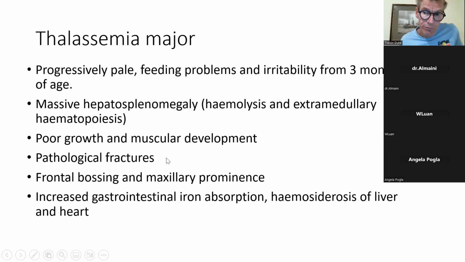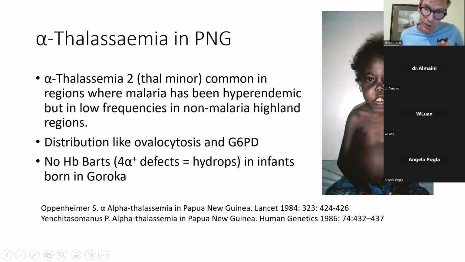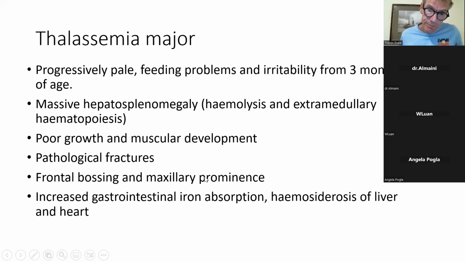They're prone to pathological fractures, not surprisingly, because their bone marrow is expanded, and the cortex of their bone is rather thin. They have what you recognize as frontal bossing and maxillary prominence. These are features in the child I showed you before: frontal bossing and prominence of the maxilla. That's what they typically look like.